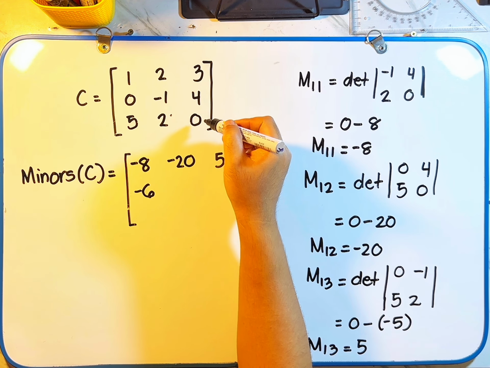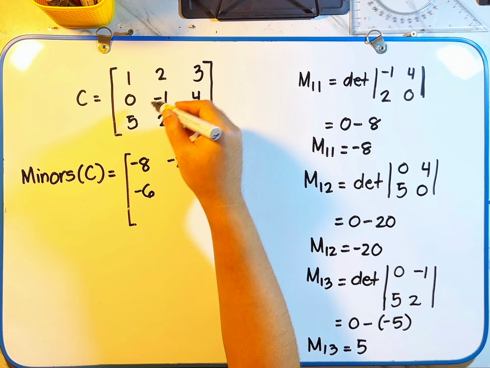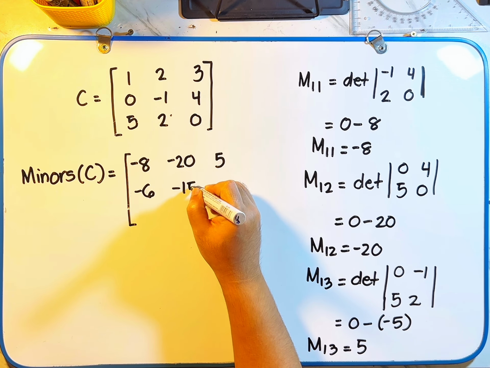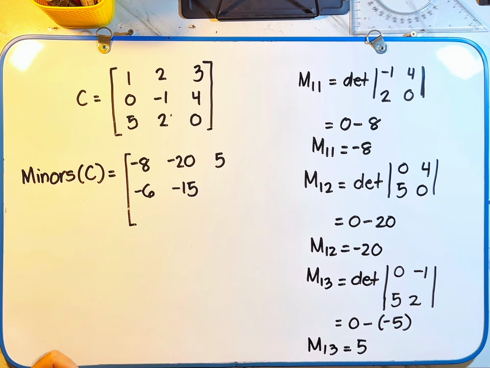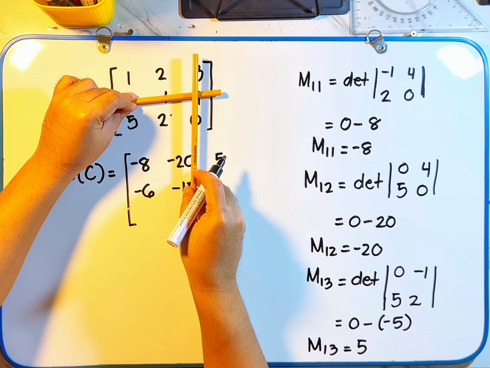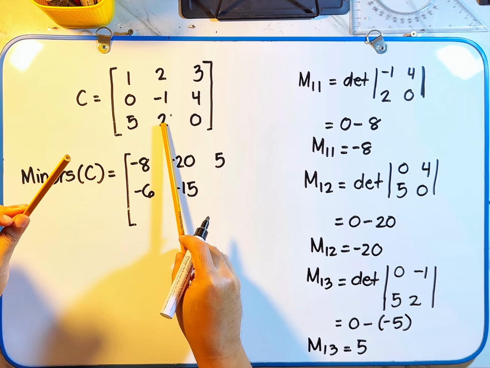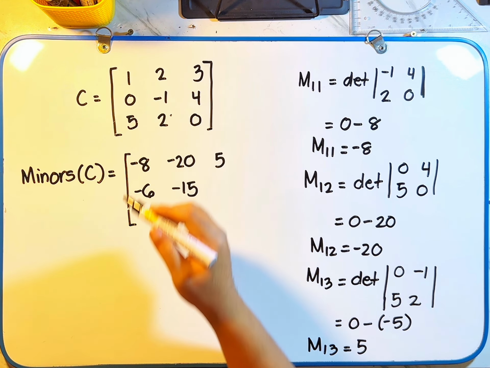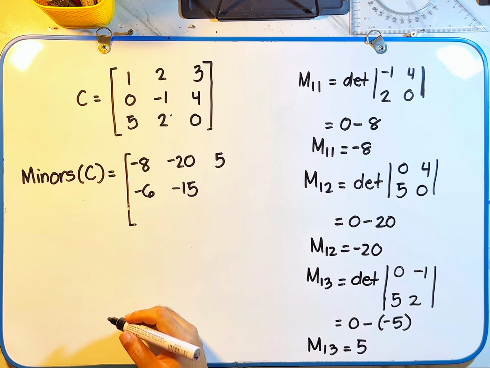So 1 times 0 is 0, minus 5 times 3 is 15. So that's negative 15. Next, second row, third column, let's block that. We're left with these 4 numbers. So 1 times 2 is 2, minus 5 times 2 is 10. So 2 minus 10 is negative 8.